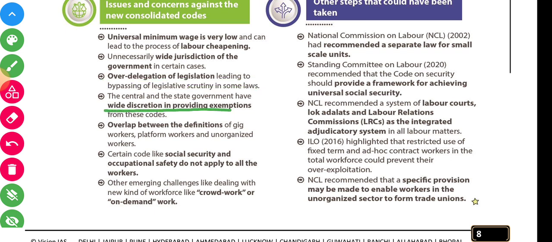Wide discretion in providing exemptions from these codes to the central as well as state governments. Overlap between the definitions of gig workers, platform workers and unorganized workers. Social security and occupational safety do not apply to all workers in certain codes. Crowd work or on-demand work: these are the challenges with the new kind of workforce.